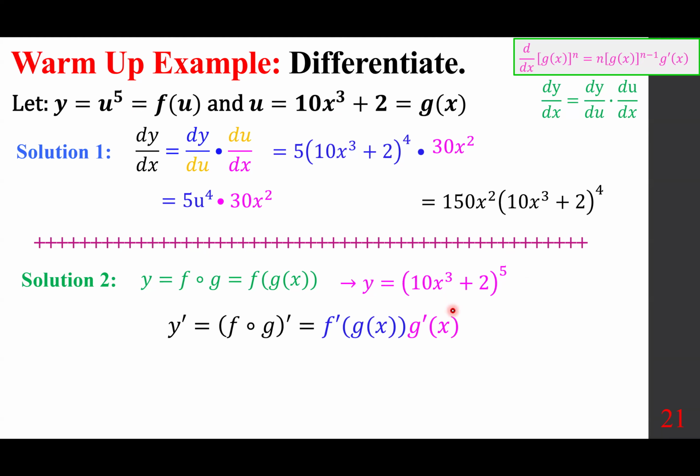So using this composite function, dy/dx or y prime is 5 times, so the exponent becomes a coefficient, times this function g of x, 10x cubed plus 2 to the power of 5 minus 1, which makes it 4, times the derivative of the inside, which is 30x squared.